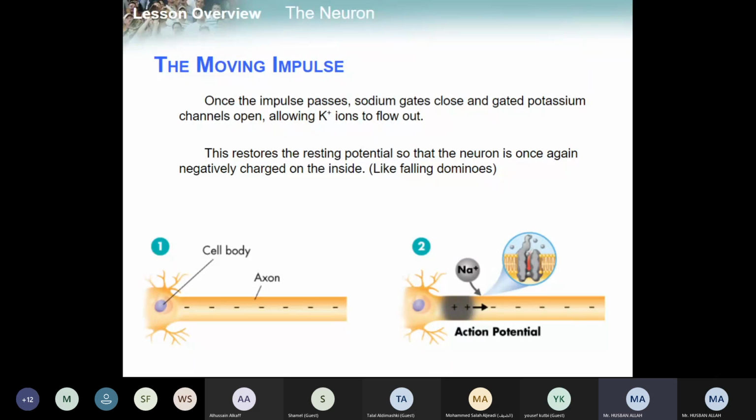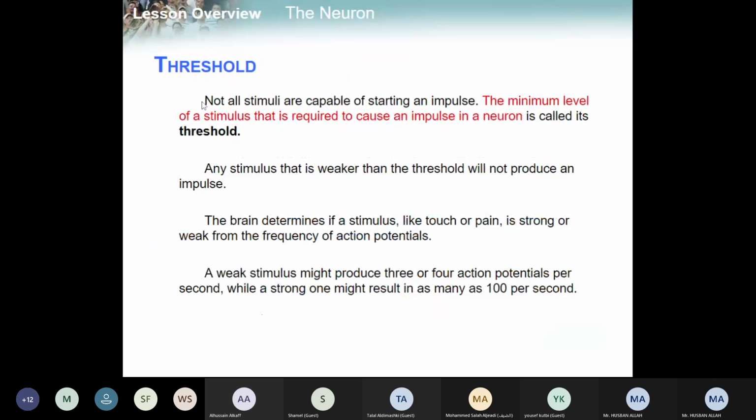Okay. So the last point which we are going to discuss is about the threshold, or threshold frequency.